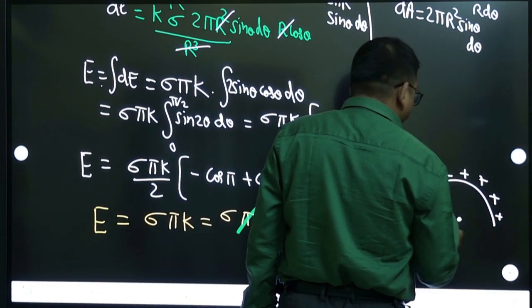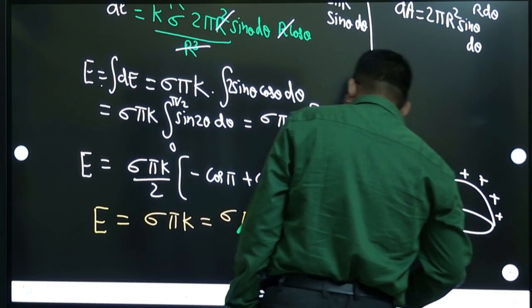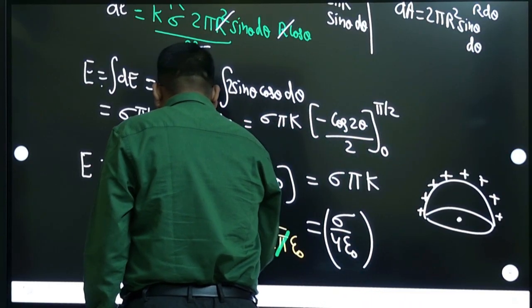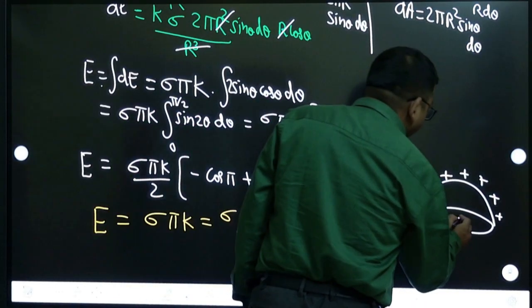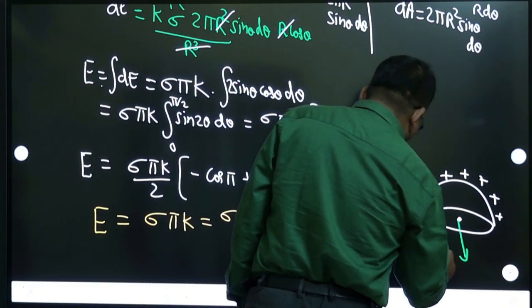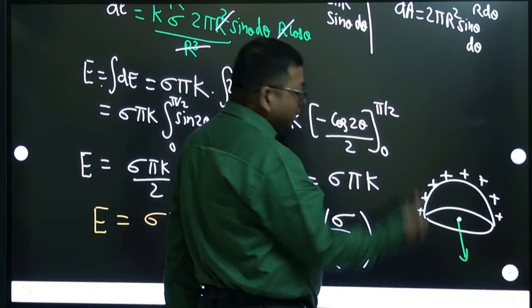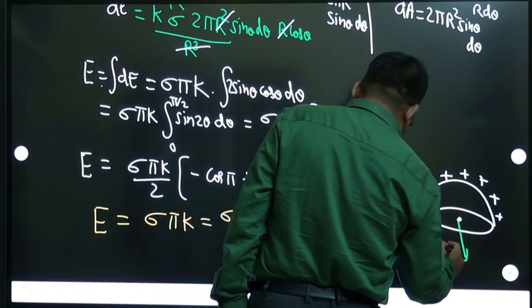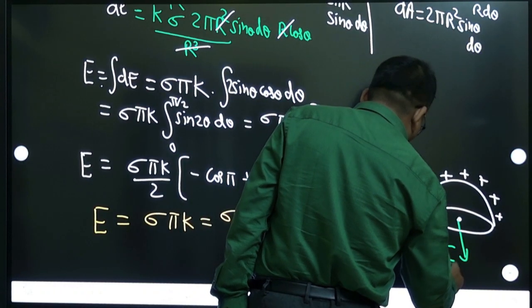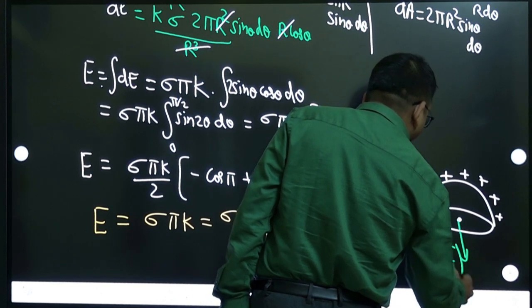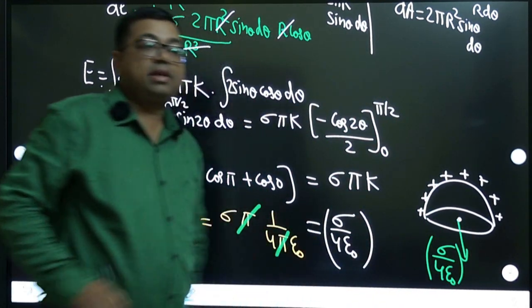At the center of the hemisphere, the electric field is going to act in the downward direction if it is positive; otherwise, if it is negative, it will act the other way. So this is sigma by 4 epsilon naught. Are you clear about this? Tell me.